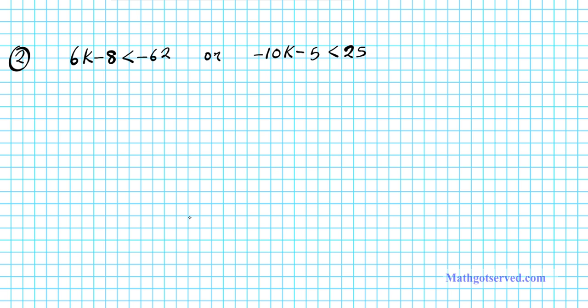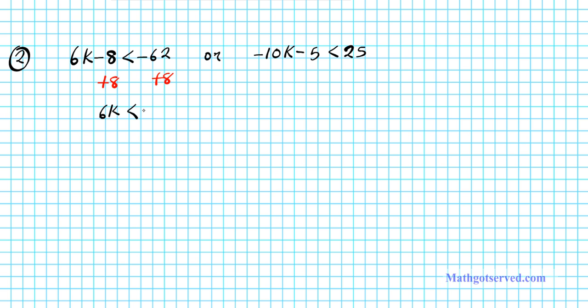All right, let's take a look at the inequality to the left. We want to solve this for k. We're going to add 8 to both sides and divide by +6. All right, let's go ahead and do that. Add 8, add 8. We have 6k is less than. Now, since the signs are different, we'll subtract and keep the sign of the bigger one.